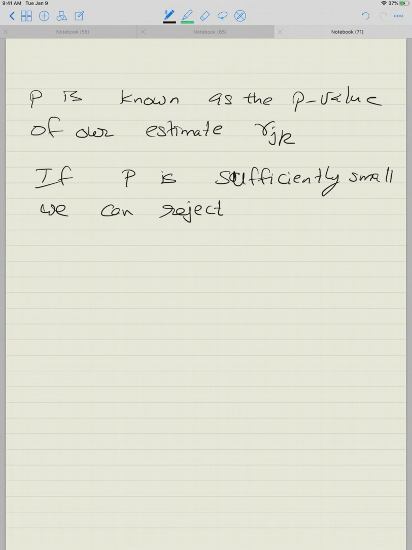And the point is that if p is sufficiently small, we can reject H0 and put an edge between j and k.